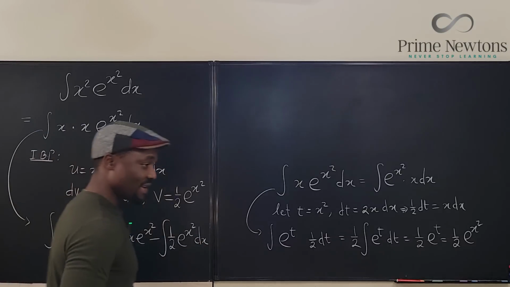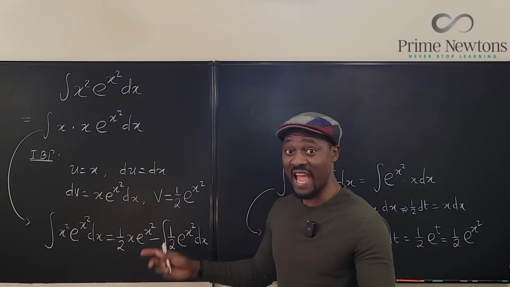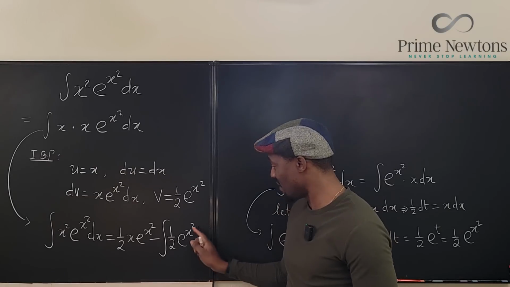Okay, it looks like we're going back to the beginning. It's just that now we don't have any x or x squared beside the e to the x squared.